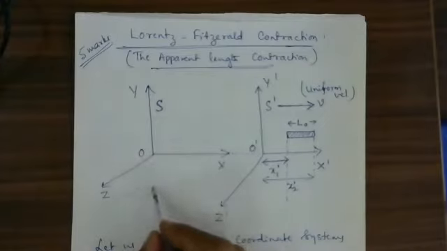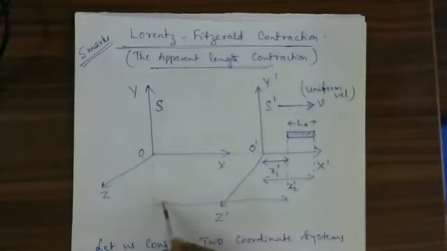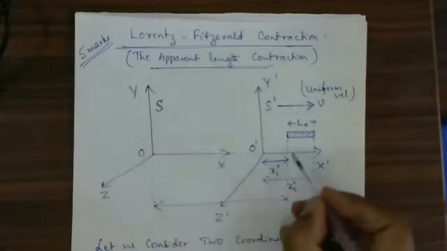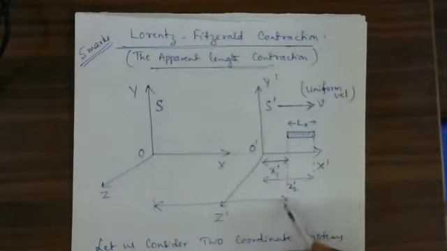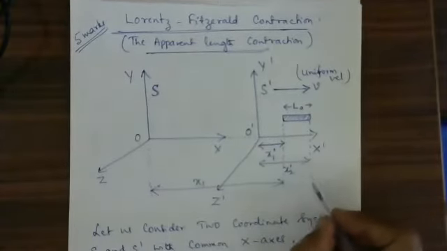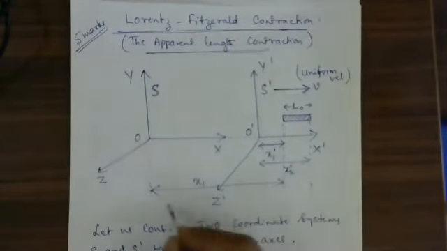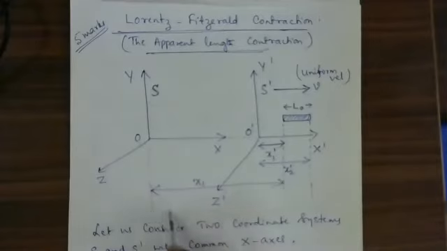From O to this one end, I will select this length as x1. From O to the other end, this length I will take as x2.